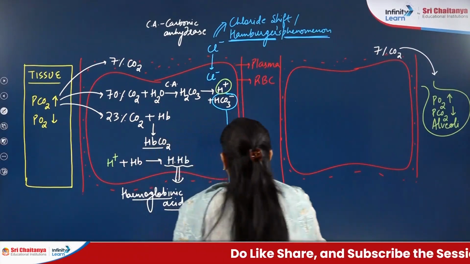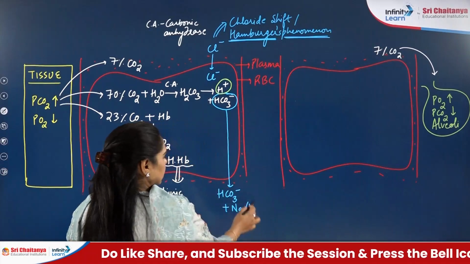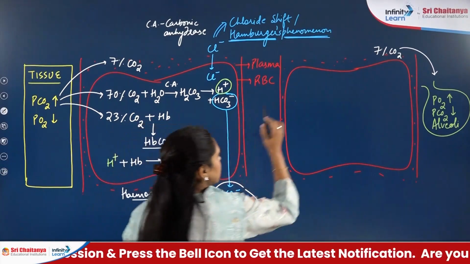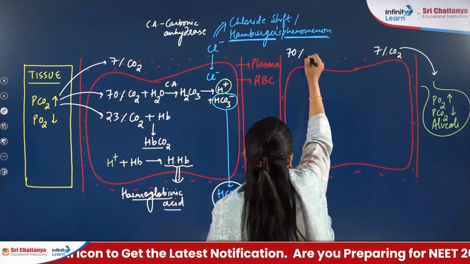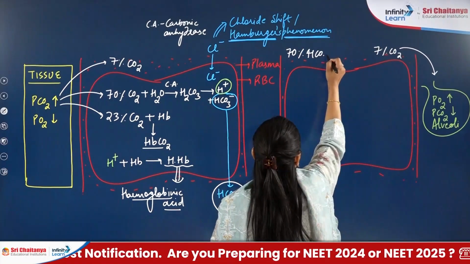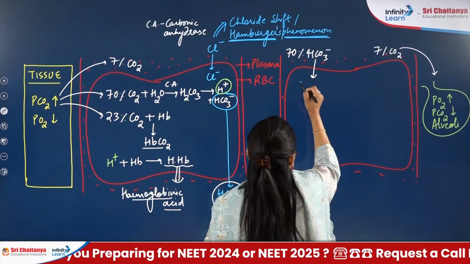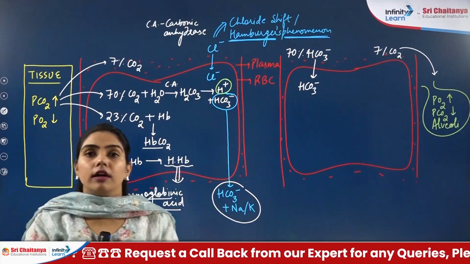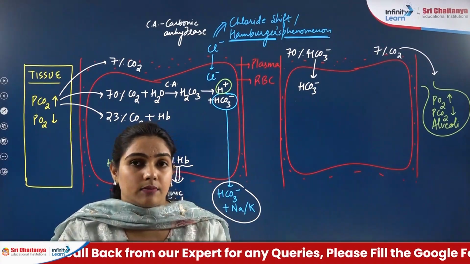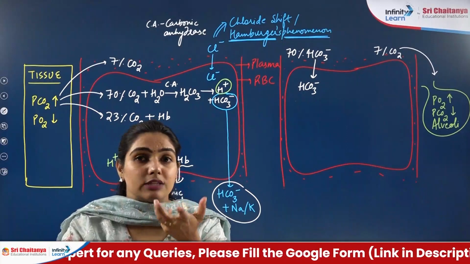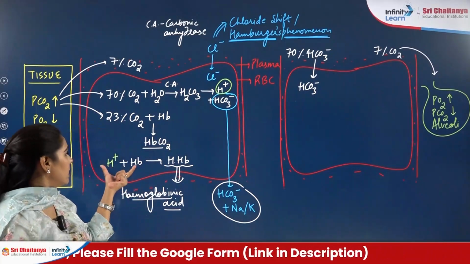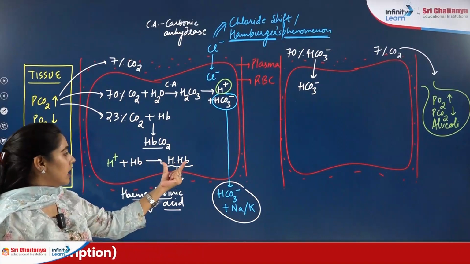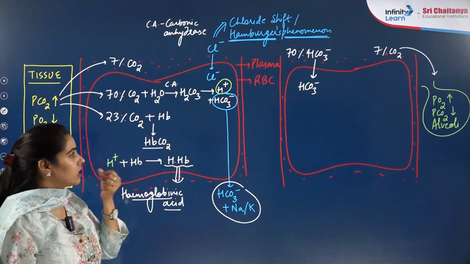Now, let us talk about this 70% HCO3 negative. How much HCO3 negative was present? 70%. This 70% HCO3 negative will now go inside and look for its friend, that is H plus. But H plus has already made another friend, that is hemoglobin, and it is sitting with the hemoglobin.